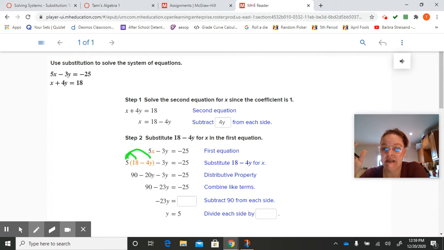So 5 times 18, which is 90, and 5 times negative 4y, which is negative 20y. Combine like terms, so minus 20y minus 3y gets combined. So we have 90 minus 23y. And then we're going to subtract 90 from both sides. So we're going to have negative 25 minus 90.